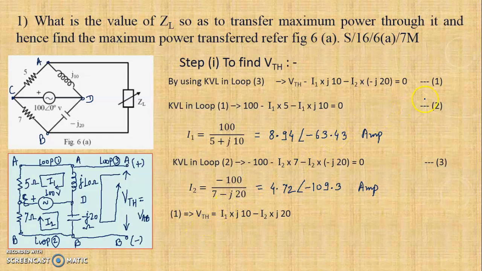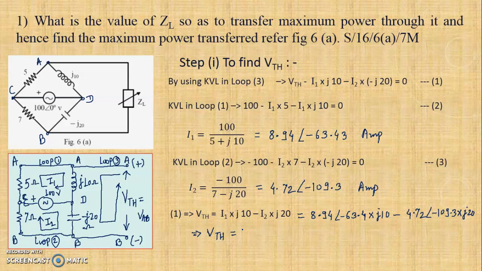Now by referring to equation 1, where we have to find VTH, it is equal to I1 value 8.94 angle minus 63.43 into J10, minus 4.72 angle minus 109.3 into J20. So I get the value for VTH. You can write the value of VTH either in rectangular form or in polar form.